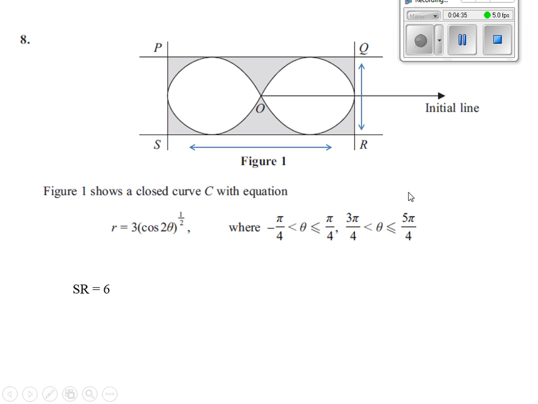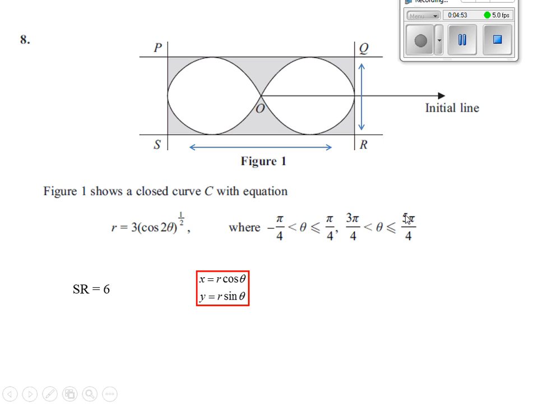Now we should know that the x coordinate is given by r cos theta, and the y coordinate is given by r sine theta.